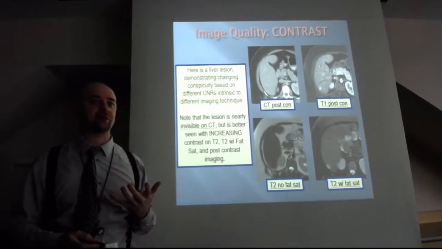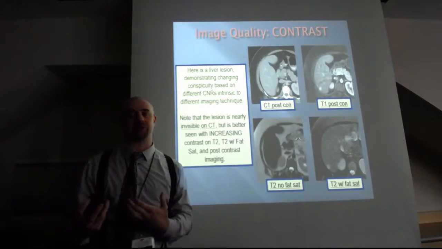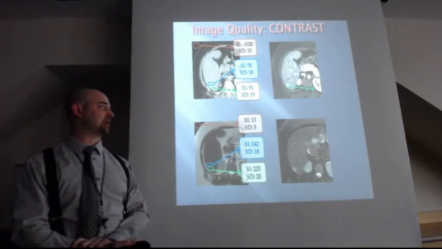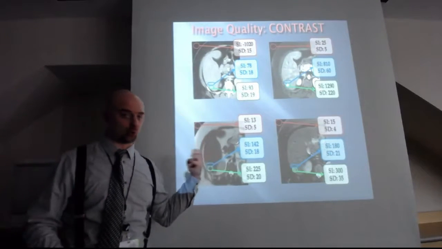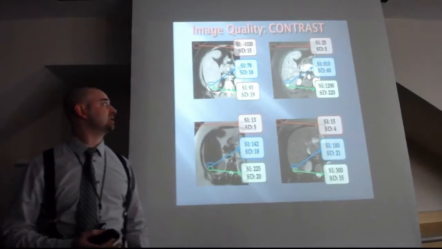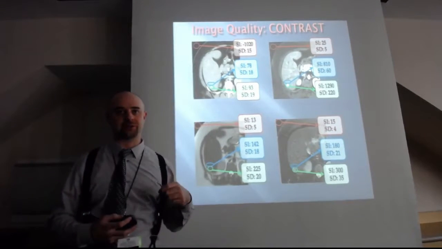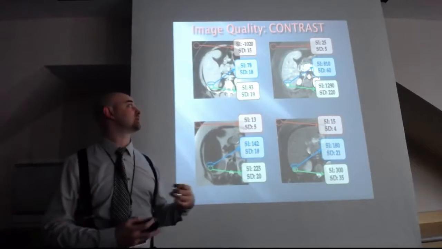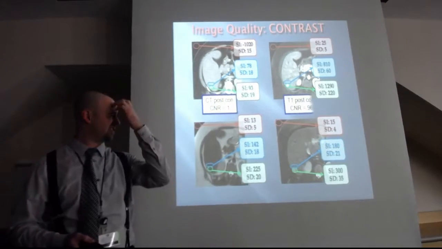All that matters in terms of your signal detection, your seeing a lesion on an exam, is the contrast to noise ratio. So if we drew a bunch of ROIs on a PACS station, we could do these calculations of signal intensity of lesion minus adjacent background, all divided by the standard deviation of air.